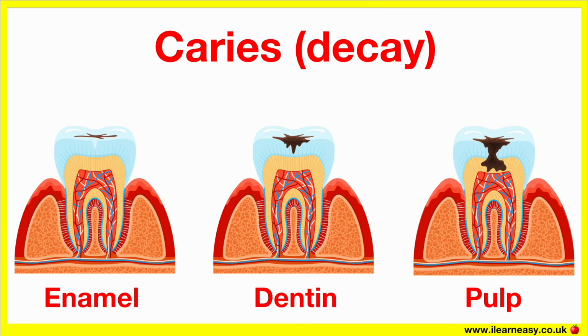The treatment options depend on whether the pulp is infected. If the pulp is not yet infected, then the treatment options are indirect pulp capping or deep filling. If the pulp is infected, then the treatment options are root canal treatment or extraction.